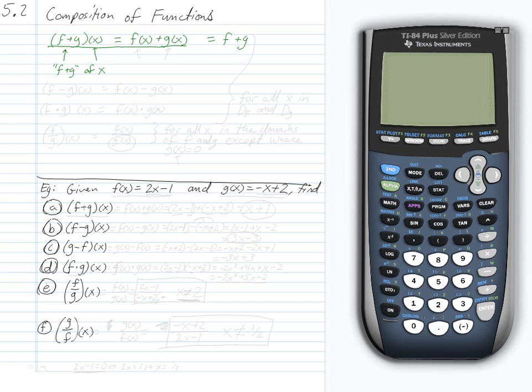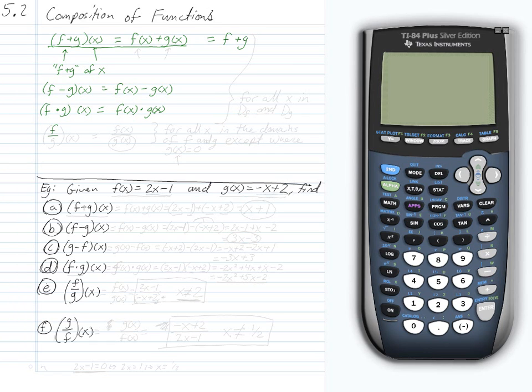And the notation for f minus g of x means we're going to take the function f of x and subtract the function g of x. And for f times g of x, we're looking at f of x times g of x, where we'll replace f and g with whatever their definitions are.